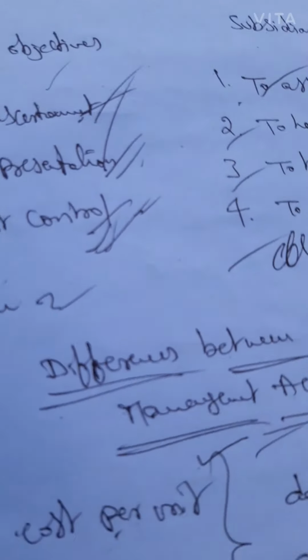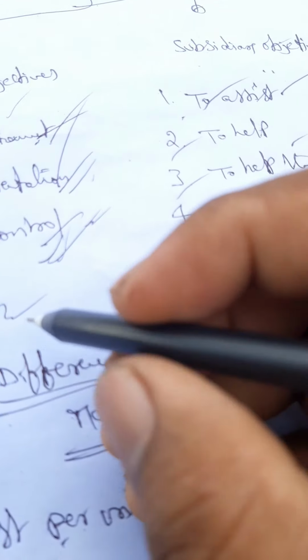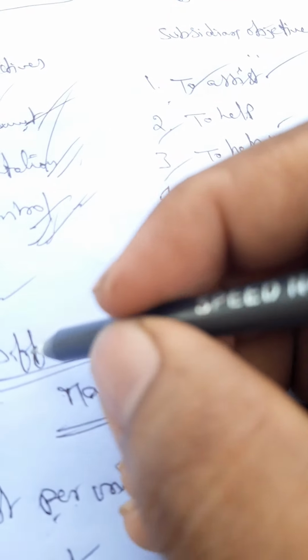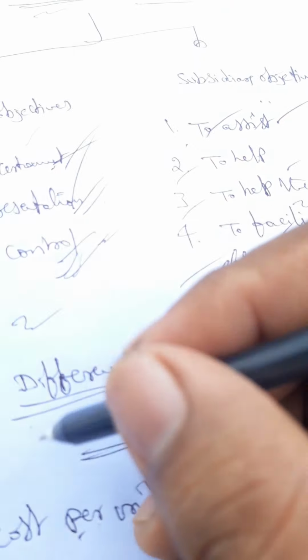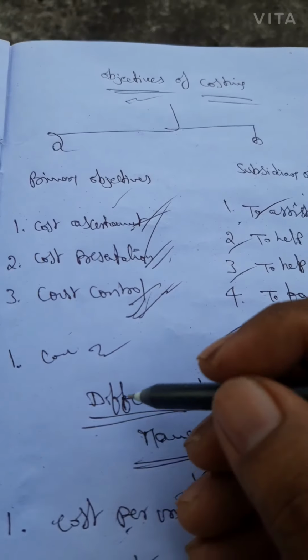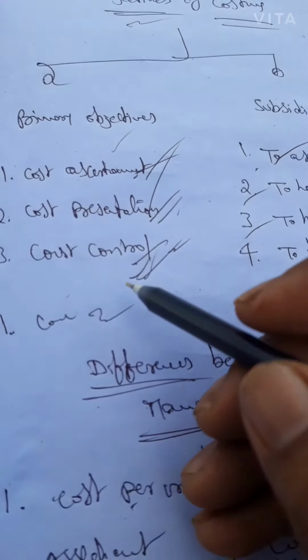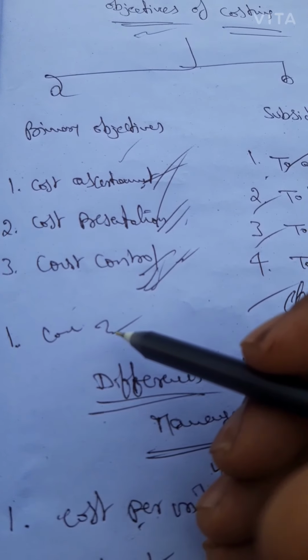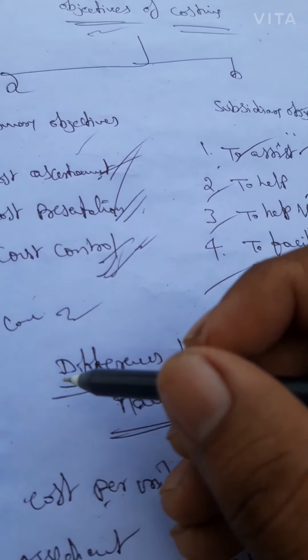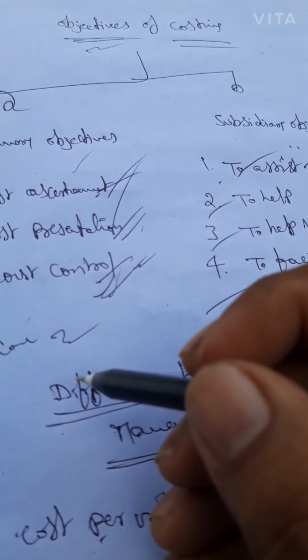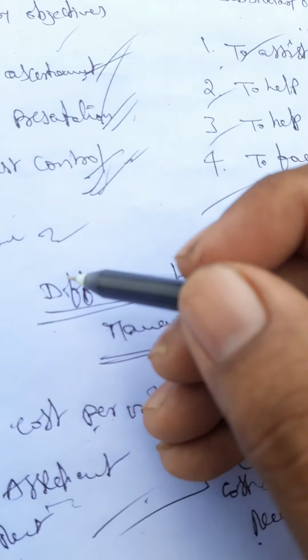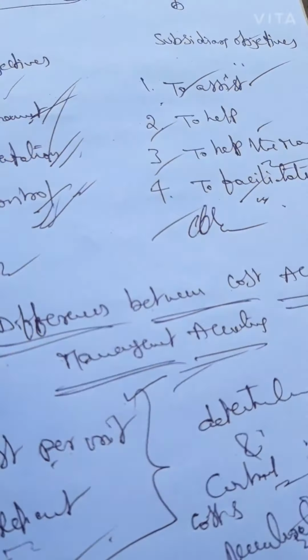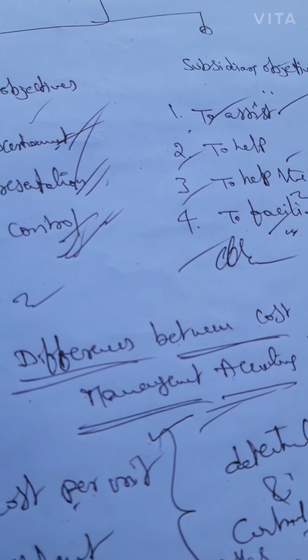And in the same way, cost accounting has been used from the industrial revolution onwards, whereas management accounting has been used for the last so many years. Okay. These are the main differences between management accounting and cost accounting.